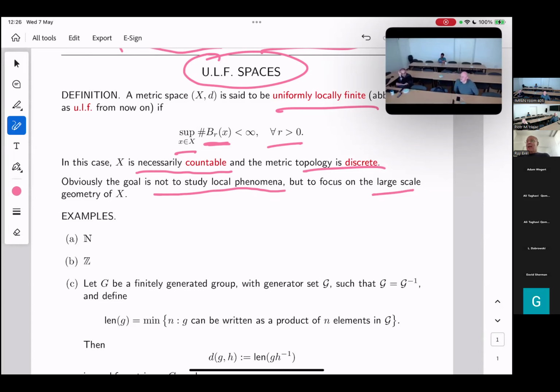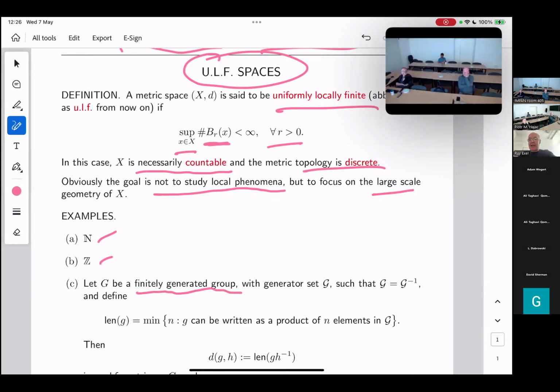So what are examples of uniformly locally finite spaces? The natural numbers, the integers, and one of the most important examples: finitely generated groups.